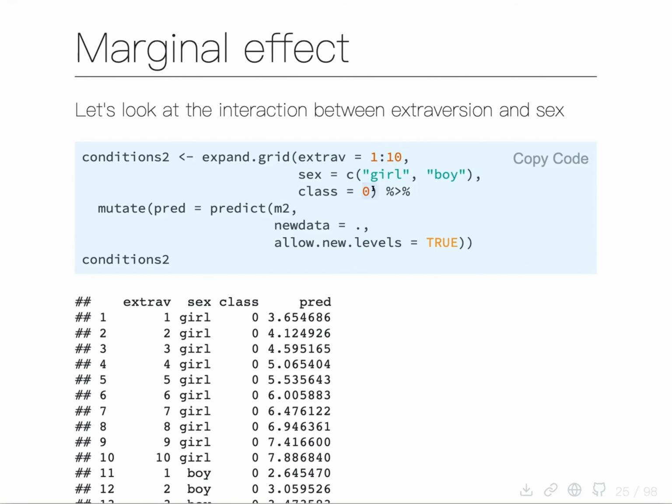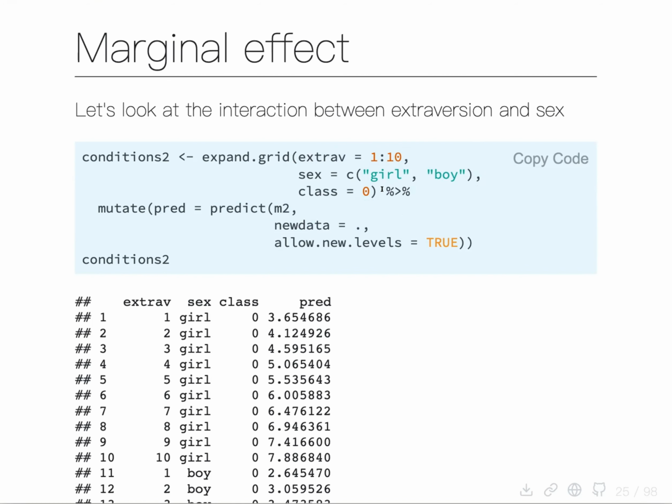Then I'm piping that directly to mutate, where I'm creating a new column. You could do this in separate steps or all in the same, it doesn't really matter. I'm saying predict from M2, where the new data is dot, and the dot is just a placeholder for when you're piping.